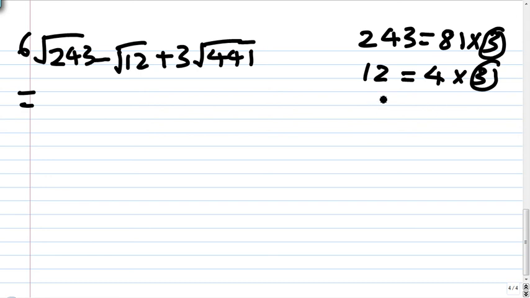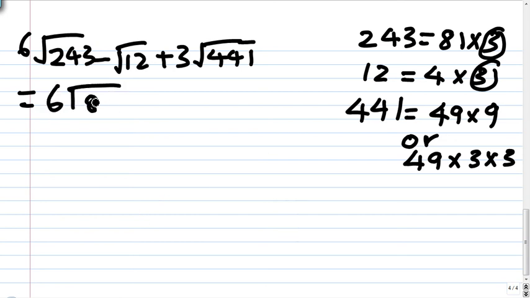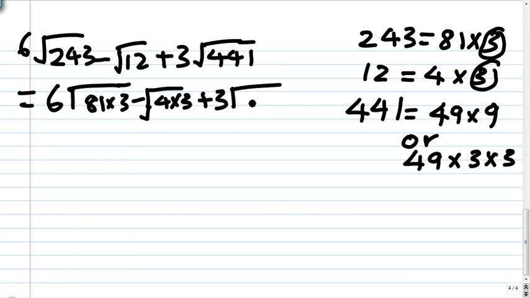And 441 is actually 49 times 9, or 49 times 3 times 3. No problem with that, is it? So 6 square root 81 times 3 minus square root 4 times 3, plus 3 square root 49 times 3 times 3.